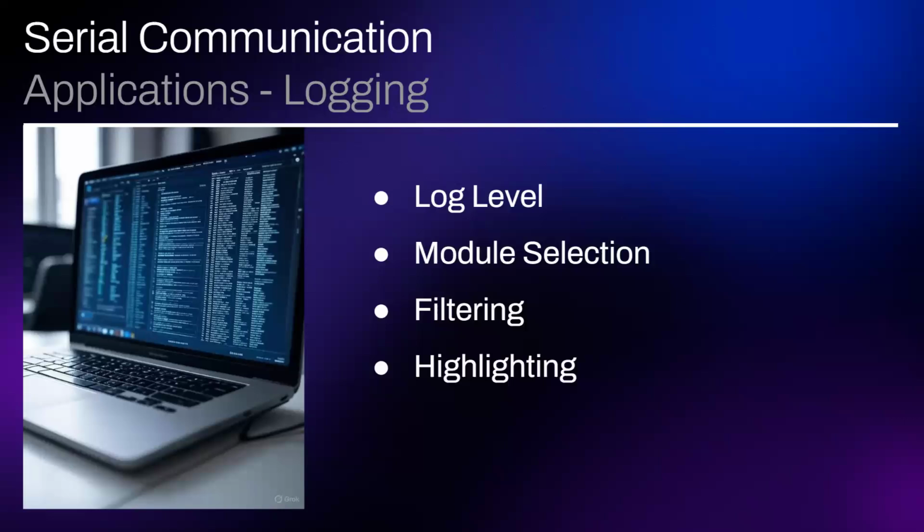I've seen lots of hard to use ones. It'd be great if people started paying attention to their users and doing that sort of stuff. Now, some of these things like log level and module selection are sometimes compile time settings. It's better if you can send it across the protocol and do it dynamically, but either way works.